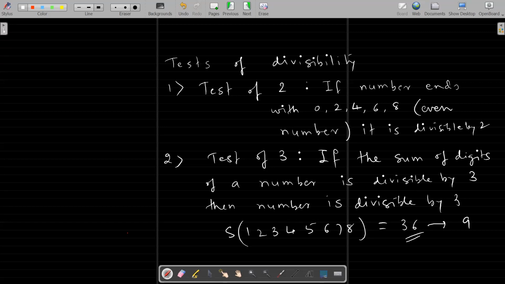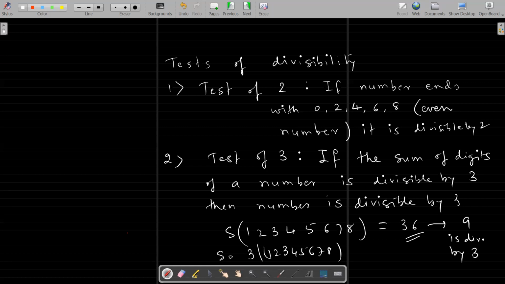Everyone agrees up to this? So 1, 2, 3, 4, 5, 6, 7, 8 is divisible by 3. So I'll say this way: 3 divides 1, 2, 3, 4, 5, 6, 7, 8. 9 is divisible by 3.